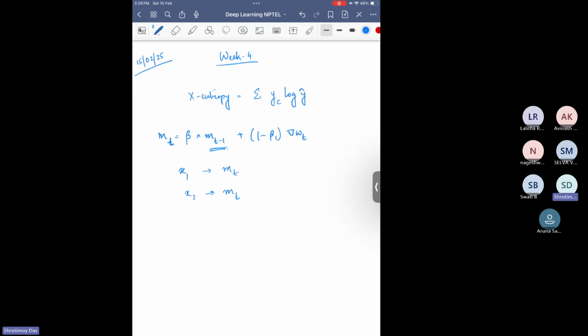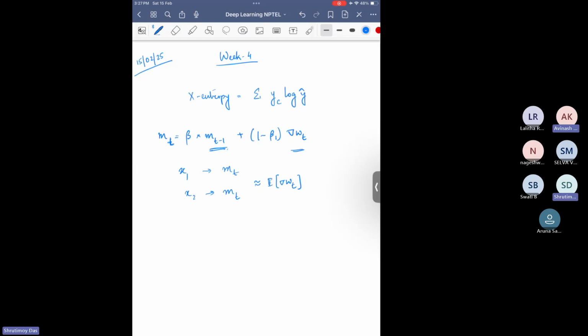Because you're choosing these points x1, x2 probabilistically, on average you want your MT to be equal to the expected gradient that you have. Whatever estimate you get of the momentums should be equal to the expected gradient. So is that what you're asking? Hopefully that is clear.